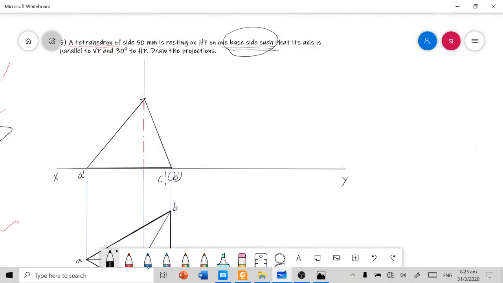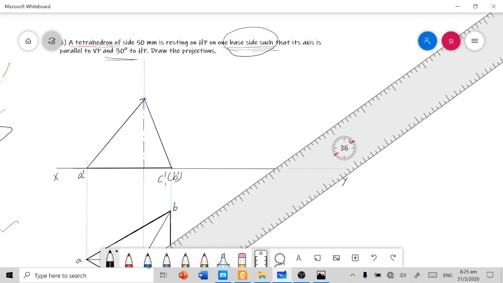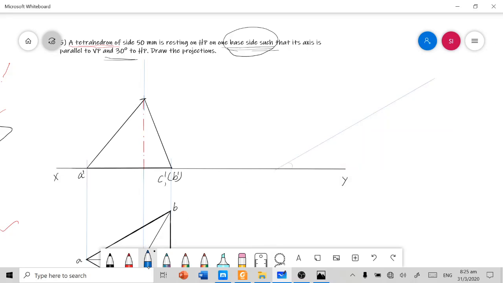Now the axis is perpendicular to HP. As per the problem statement, you have to make the axis 30 degrees to HP. For that, you need to redraw this view in the third stage. First, you need to draw a pilot line with 30 degree inclination. It's 30 degrees inclined to HP. And now I am redrawing this view once again.